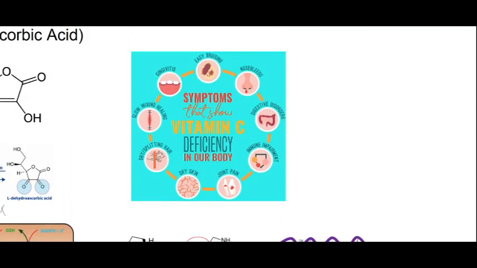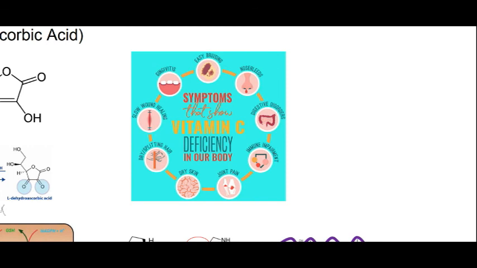Then up here is vitamin C deficiency. So we could see things like easy bruising, nosebleed, digestive disorders, immune impairment, joint pain, dry skin, dry or splitting hair, slow wound healing, and gingivitis.